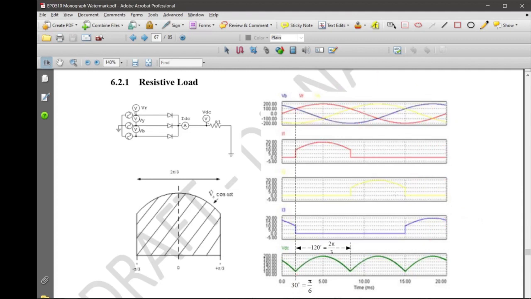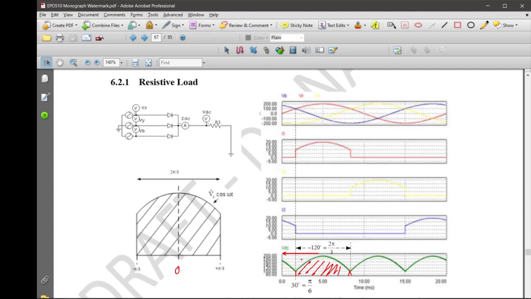Or what you can do is take just one pulse here, and then shift it to the left until the peak of that pulse is at time 0, at 0 degree or 0 radian.